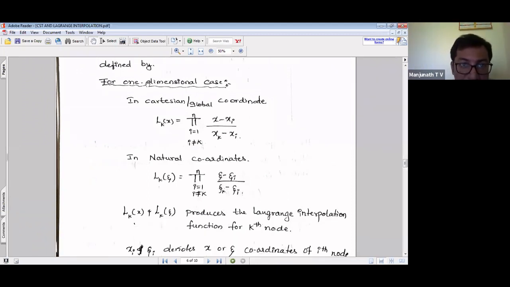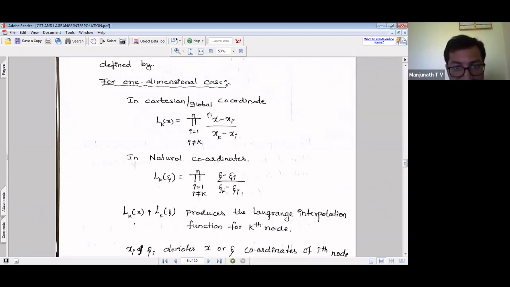Again, this Lagrange's interpolation function we can write in the Cartesian, that is the global coordinate system, and also in the natural coordinate system. In the global coordinate system, we represent it in terms of x, in one direction. In the natural coordinate system, we write it in terms of zeta, only for one direction.